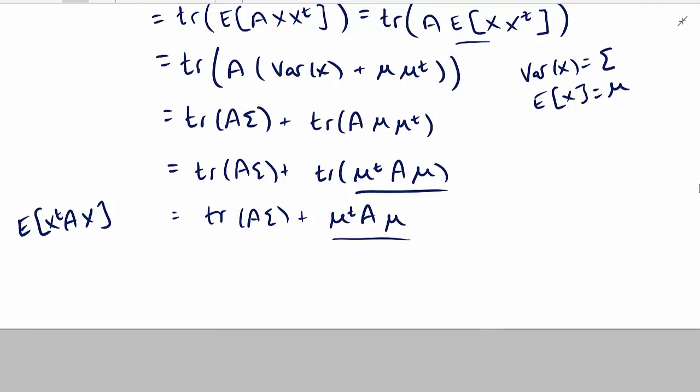That would be great. And it does work out that that's a component of the expected value, but you have this other term here, the trace of A Sigma, as well. And I like this proof because it involves a lot of little nifty tricks, like moving the trace in and out of the expected value, but it works out to be pretty simple. So quadratic forms, which we're going to run into a lot in this class, have very simple expectation calculations.